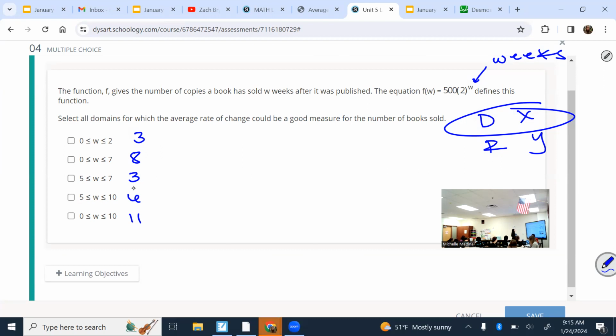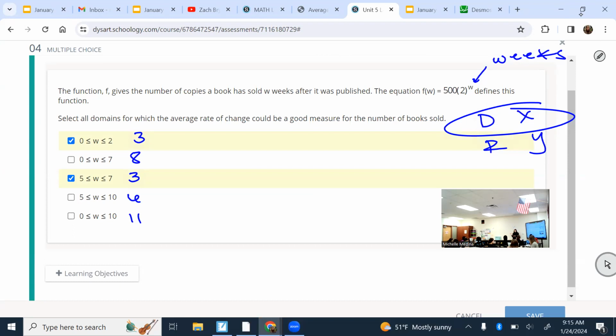So what should my two answers be? Which ones would have the smallest time frame? On my screen, it's A and C. It can be shuffled on yours. But I would agree, probably just those two.